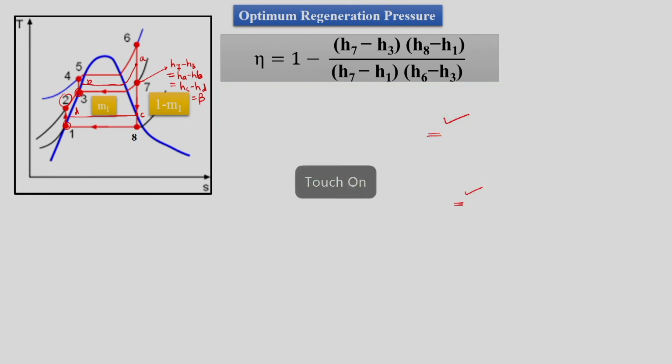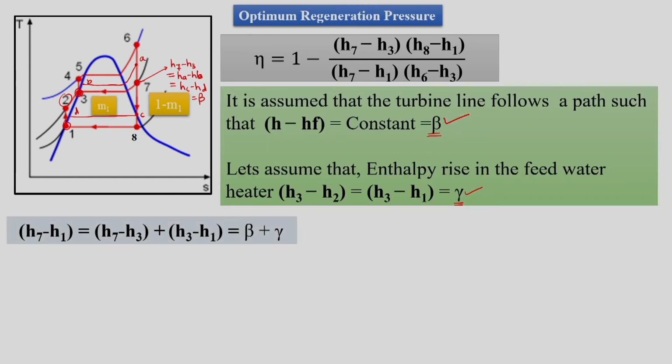This is an assumption, or rather an observation. We are trying to express every term in this expression with respect to beta and gamma. H7 minus H1 can be written as H7 minus H3 plus H3 minus H1. But H7 minus H3 is beta and H3 minus H1 is gamma.